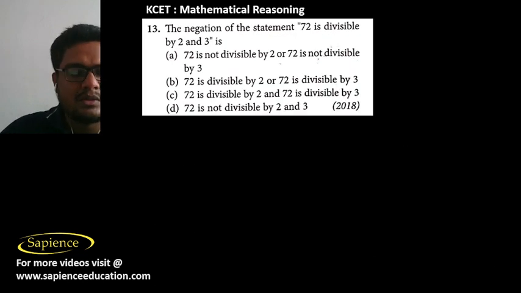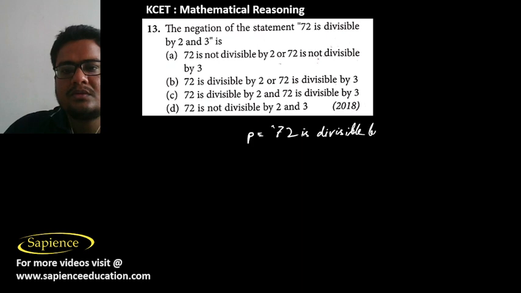Then in question number 13, it is told the negation of the statement: 72 is divisible by 2 and 3. Here we can take one statement P as 72 is divisible by 2, and the statement Q as 72 is divisible by 3.